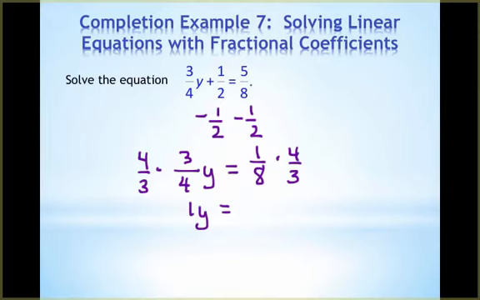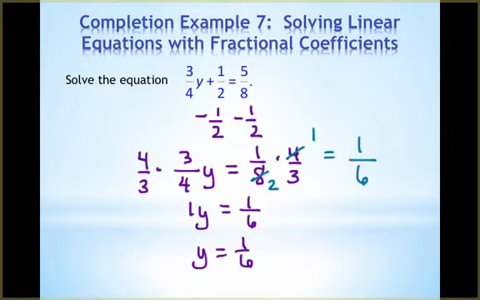And again, let's do some simplifying. We have 4 and 8, which would simplify to 1 and 2 if I divide both of those by 4. Now multiply across the top, I get 1. Multiply across the bottom, I get 6. And so I end up with 1y equals 1/6, or just y equals 1/6.